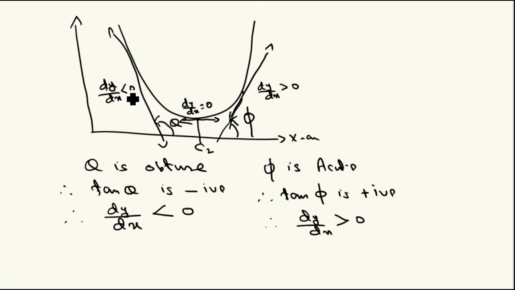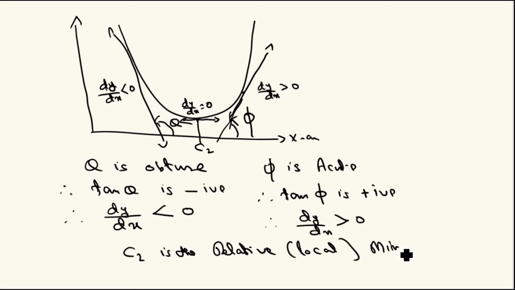So dy by dx is changing from negative to positive at this point, left and right side of this point. We will say that it is a local or relative minimum. So C2 is the relative or local minimum.